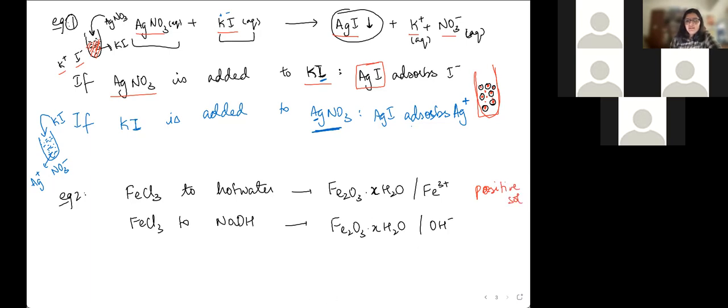And when you add FeCl3 to NaOH, an alkaline solution, meaning OH minus is in excess, we observe that it adsorbs OH minus preferentially and ends up forming a negatively charged sol.